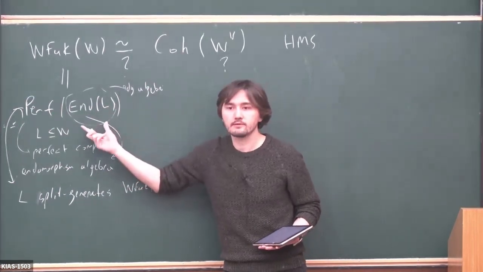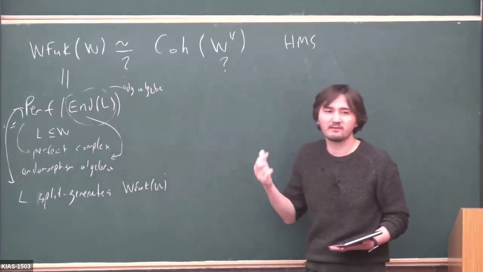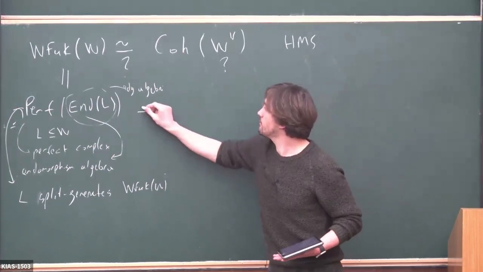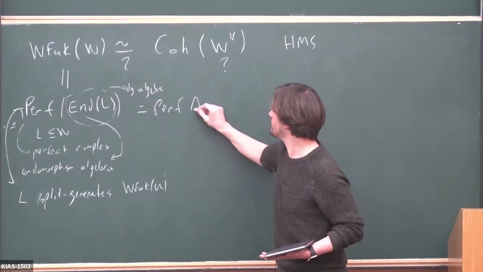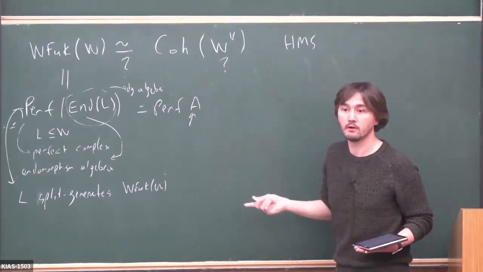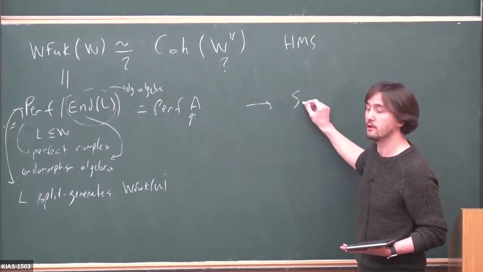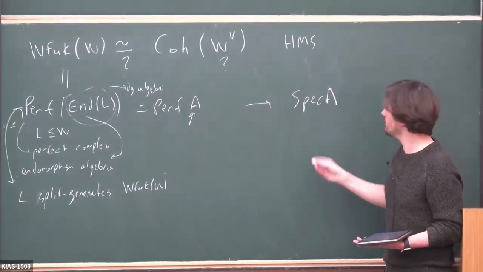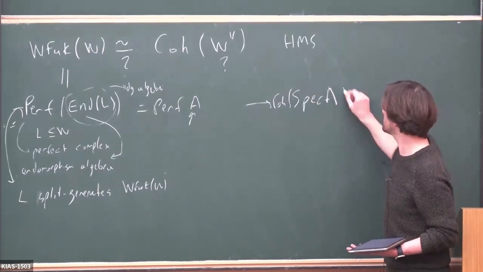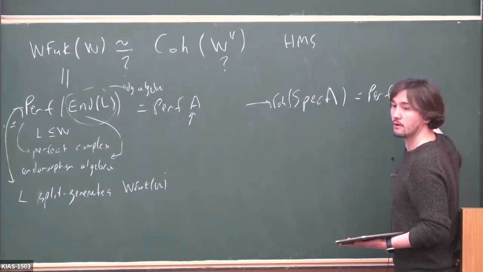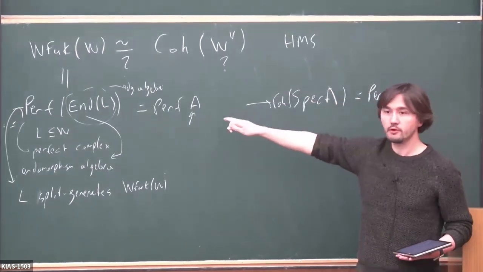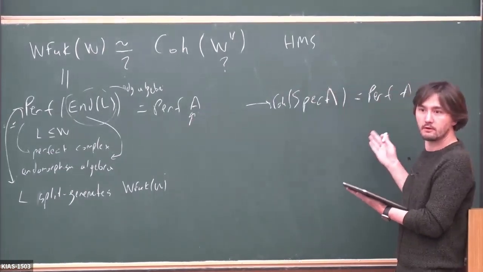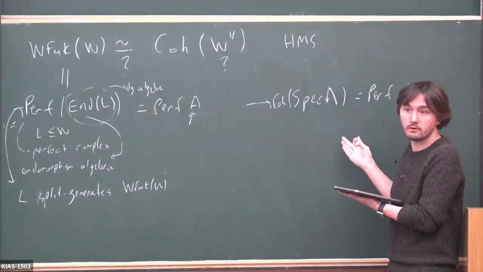Actually, once you write it like this, it already tells you something about the mirror. So let's say this is perf A for some commutative algebra. Then the mirror is Spec A. We take Spec of it, and the coherent sheaves on Spec A is just perf A. So if you get some commutative algebra here, you get the geometric mirror.